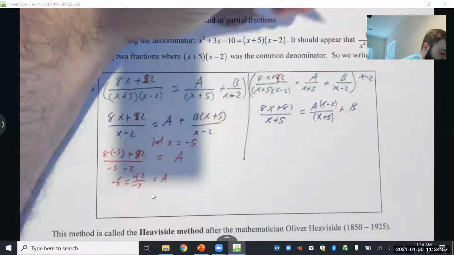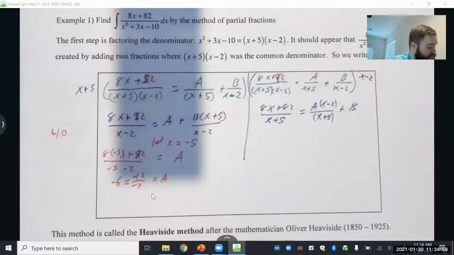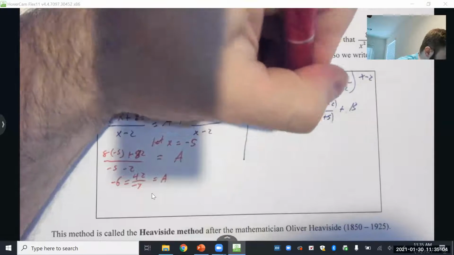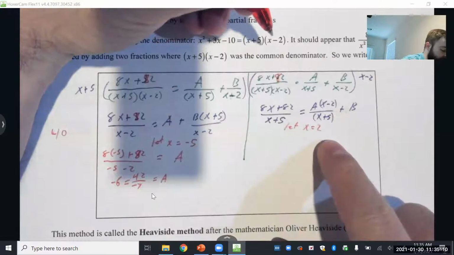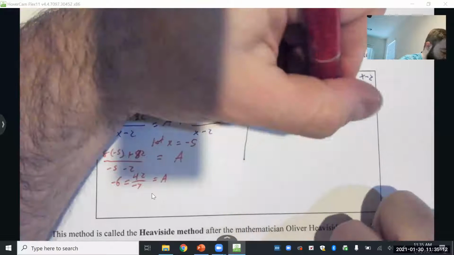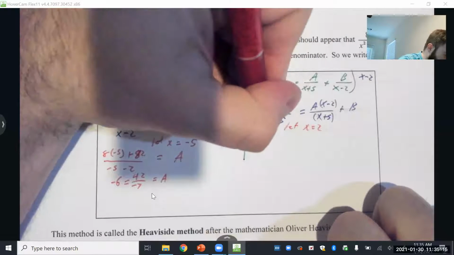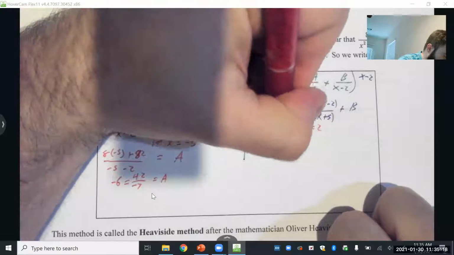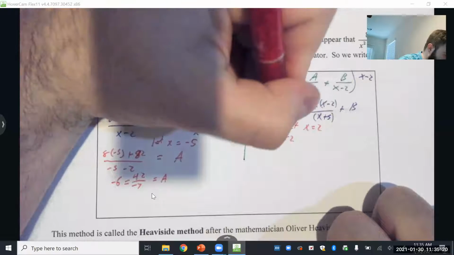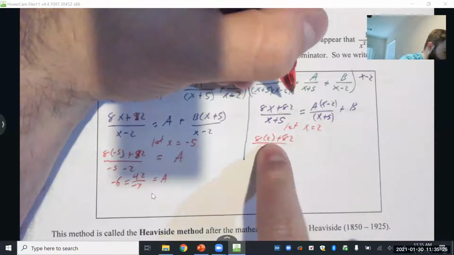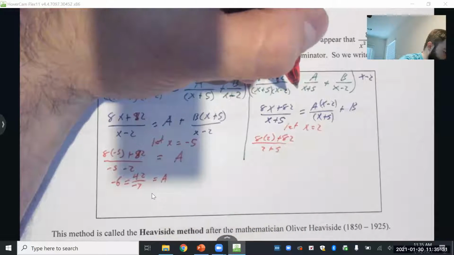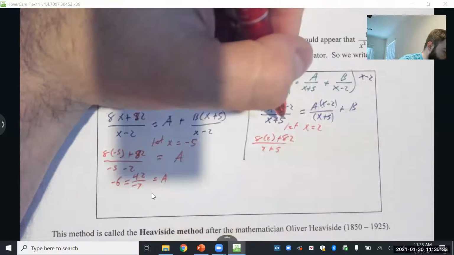And then similarly to the previous problem, I'm going to let x equal positive 2, because then when x is positive 2, that entire term goes to 0, and we'll just end up with 8 times 2 plus 82 over 2 plus 5. 8 times 2, that'll be 16. 16 plus 82, that'll be 98.